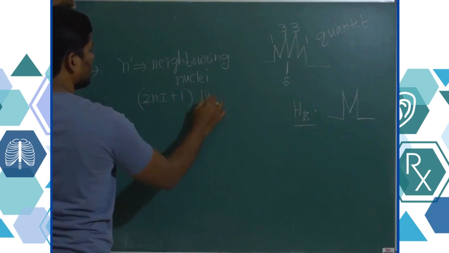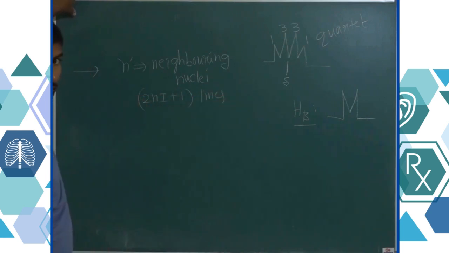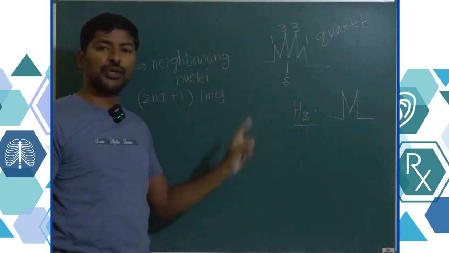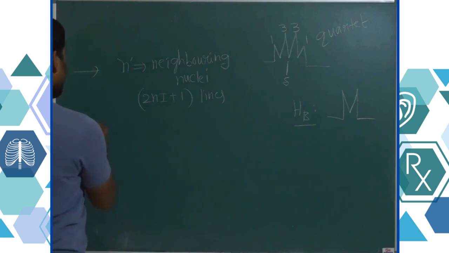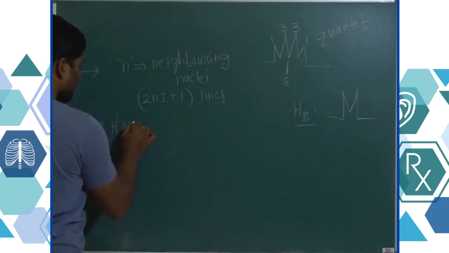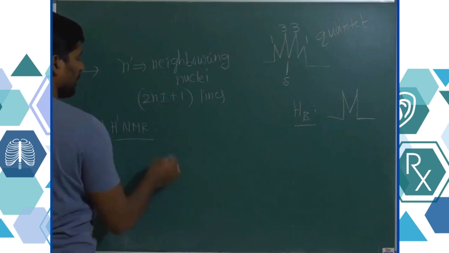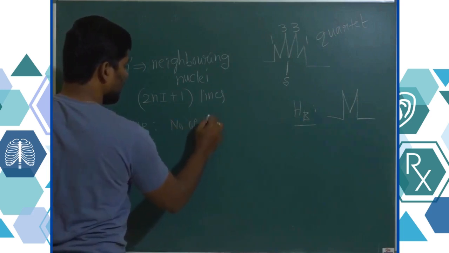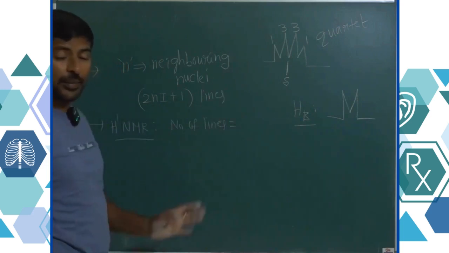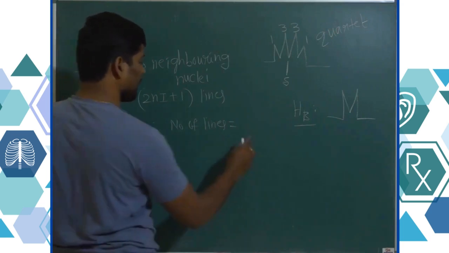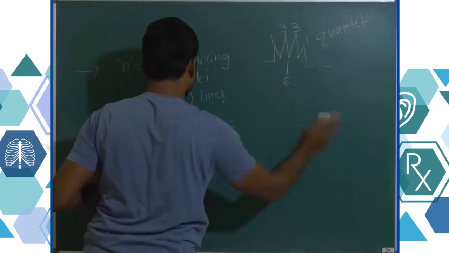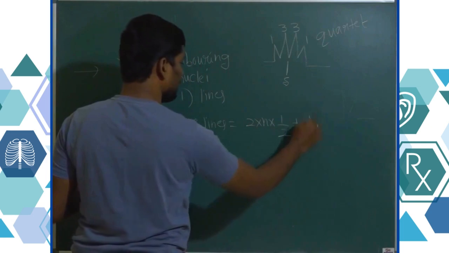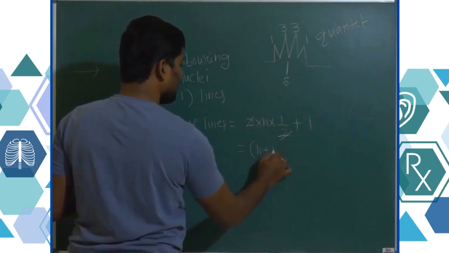In proton NMR spectroscopy, what is the number of lines we will get in a multiplet if n neighboring protons are there? It is 2nI plus 1. What is I for a proton? It is 1/2, so the 2 gets cancelled. Therefore we will get n plus 1 lines.